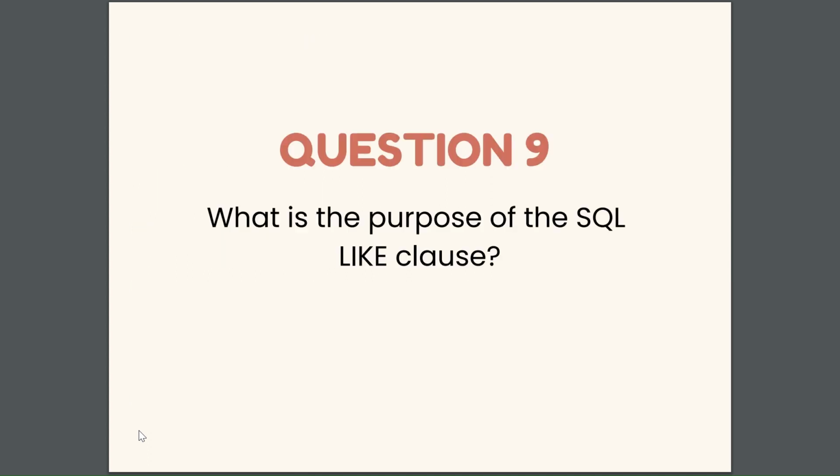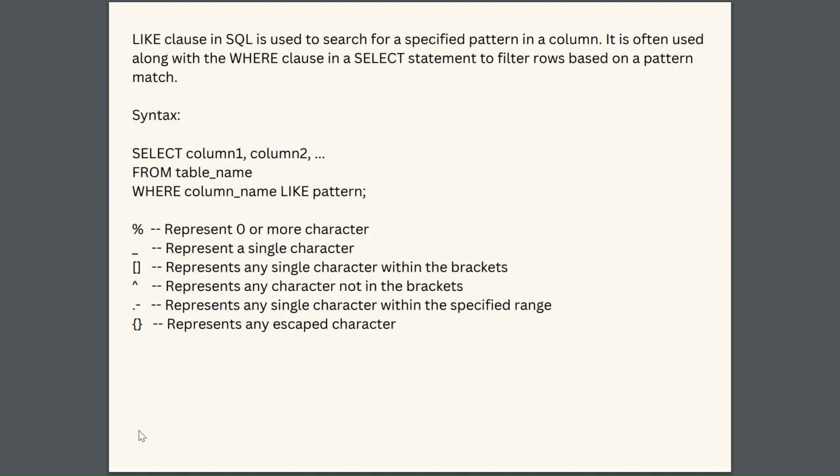Now moving on to the ninth question. What is the purpose of the SQL like clause? The like clause is used to search for a specified pattern in a column. It is often used along with the where clause in a select statement to filter rows based on a pattern match or a wildcard match. So this is the syntax for the like clause, where we specify like in the where condition.